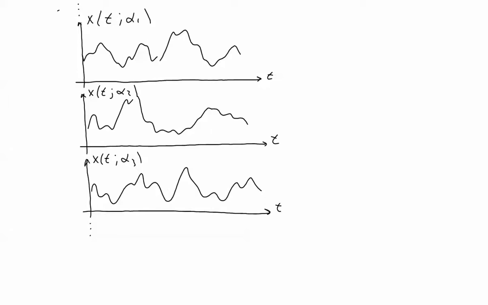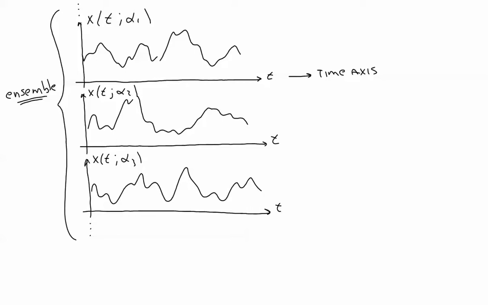This whole collection of waveforms is known as the ensemble. All right? You'll notice that the time axis goes horizontally. The ensemble is stacked up on top of one another.